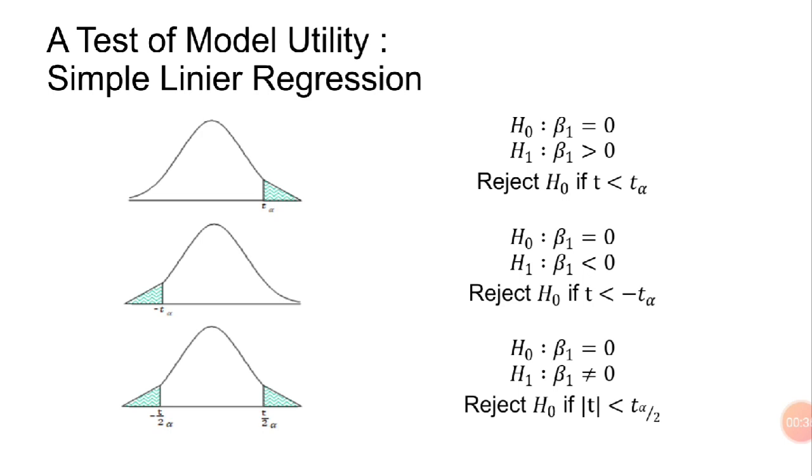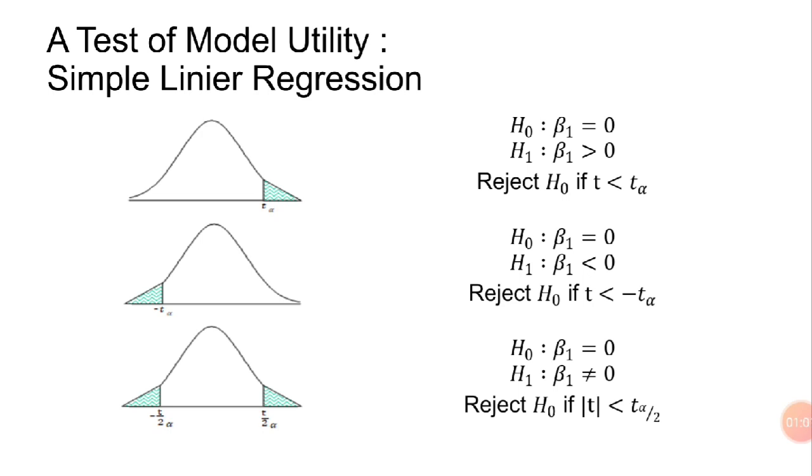So reject the null hypothesis if t is greater than t alpha. Next, the null hypothesis is b1 equal to 0 and the alternative hypothesis is b1 less than 0, so it means it is one-sided on the left.